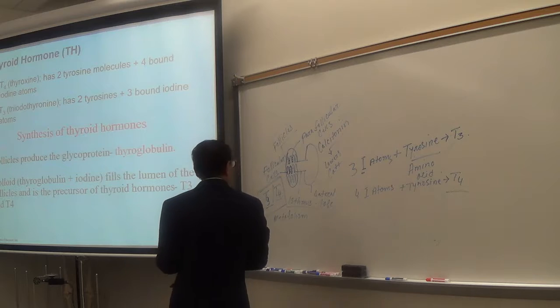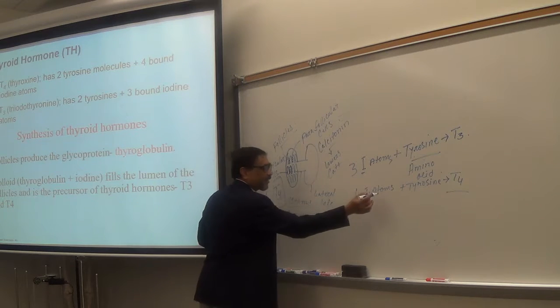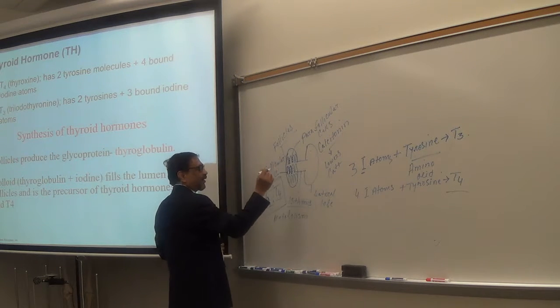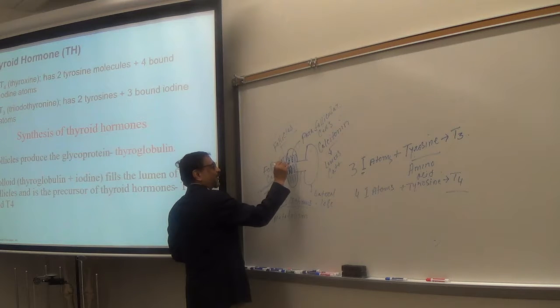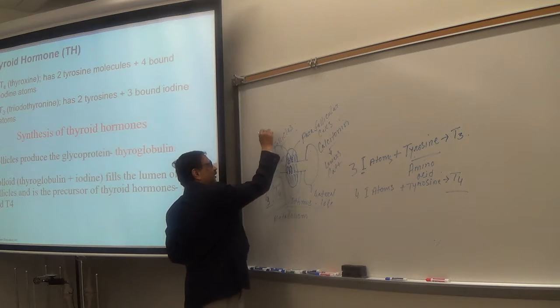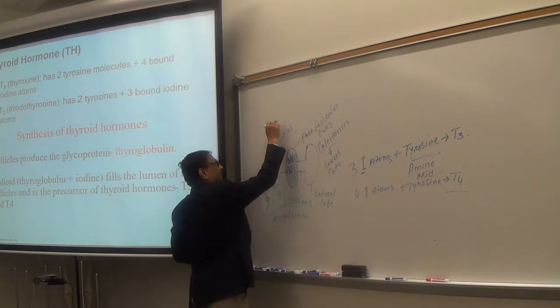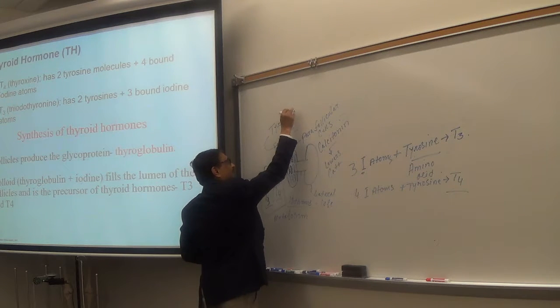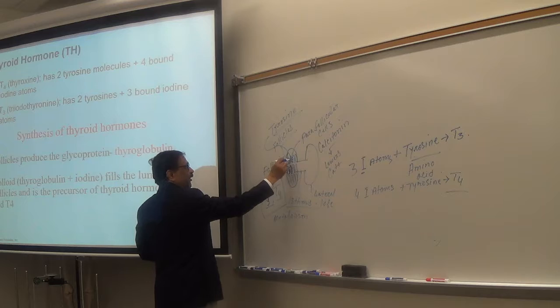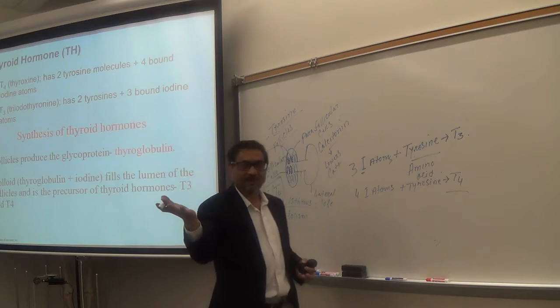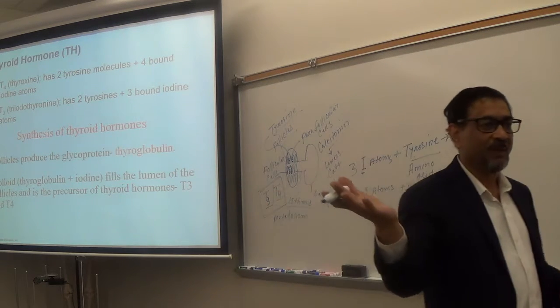Now, where is that amino acid tyrosine present in the thyroid gland? Inside these follicles. We talked about the wall of the follicles, but we didn't talk about inside the follicles. Inside the follicles, you have that amino acid tyrosine. Amino acids make what? Proteins.